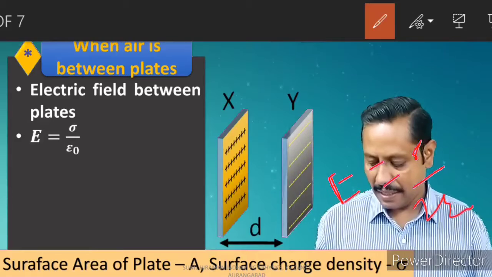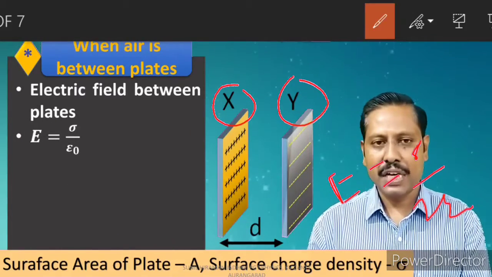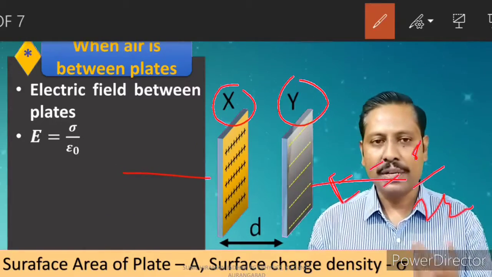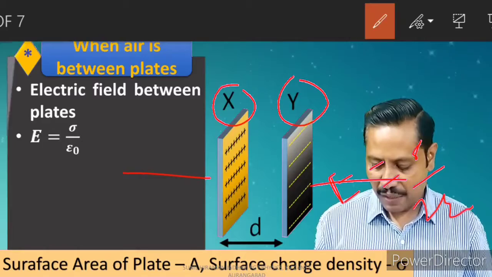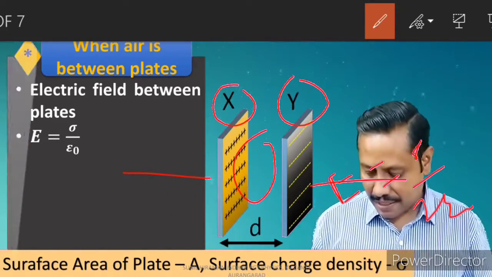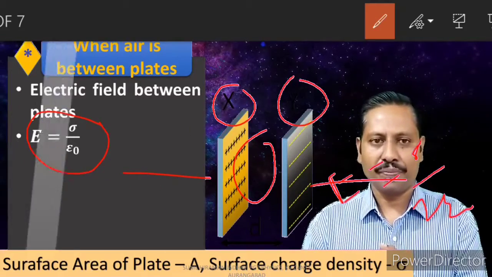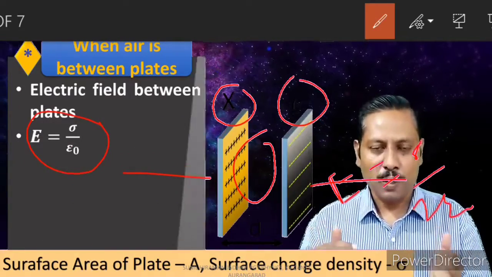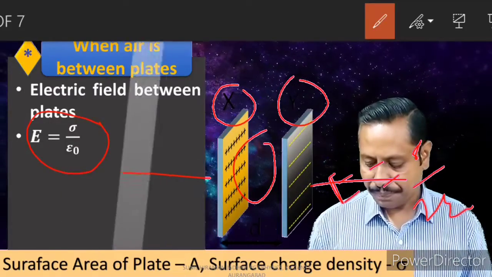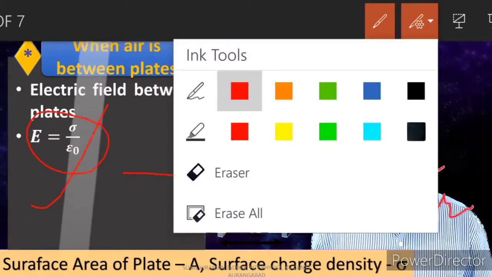But as X is a positively charged plate and Y is a negatively charged plate, the field outside these plates will simply be 0. The field will exist only in the gap between X and Y. If you add sigma upon 2 epsilon 0 plus sigma upon 2 epsilon 0, this gives E equal to sigma upon epsilon 0. So this is the electric field.